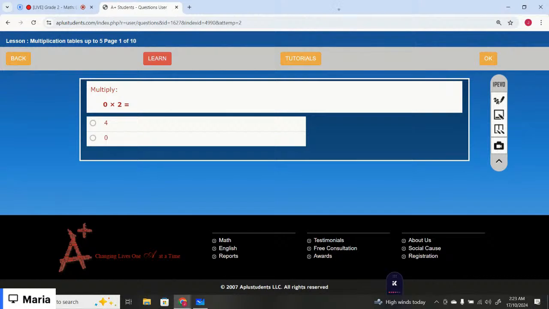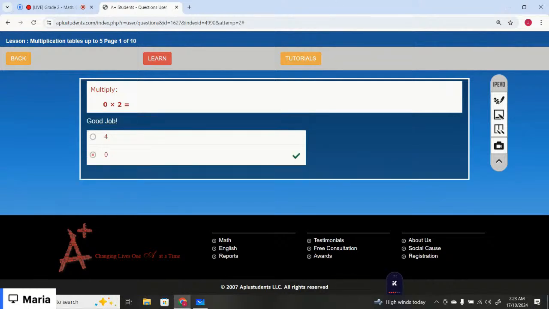Any number when multiplied by 0 makes it 0. Whatever number it is, the answer is always a 0. So 0 times any number is 0.